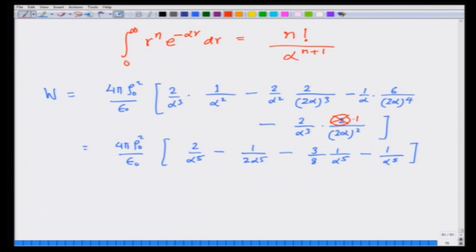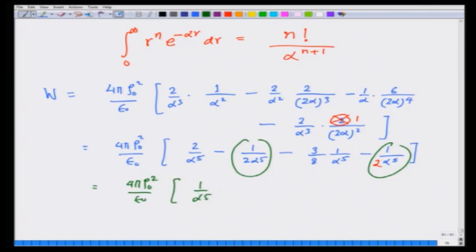So, this is only 1, and therefore, this would be a factor of 2 here. Okay. So, now the term here and the term here give me 1 over alpha raised to 5. So, this becomes 4 pi rho 0 square over epsilon 0, 1 over alpha raised to 5 minus 3/8 alpha raised to 5, which gives me 4 pi rho 0 square times 5/8 alpha raised to 5 over epsilon 0. That is my answer.